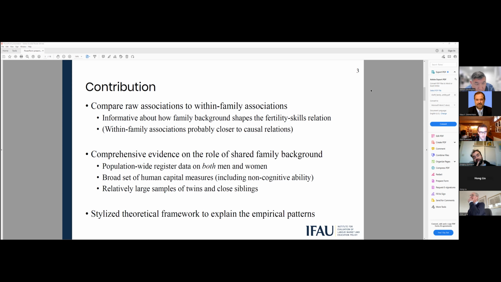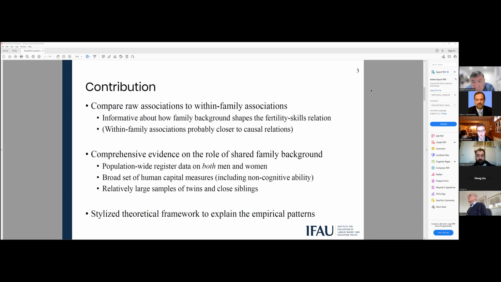So what we do in terms of empirics is that we try to provide comprehensive evidence on the role of shared family background. There have been previous papers looking at within family associations between education and fertility, but often they only look at women, for example, or they only have one measure of educational skills.